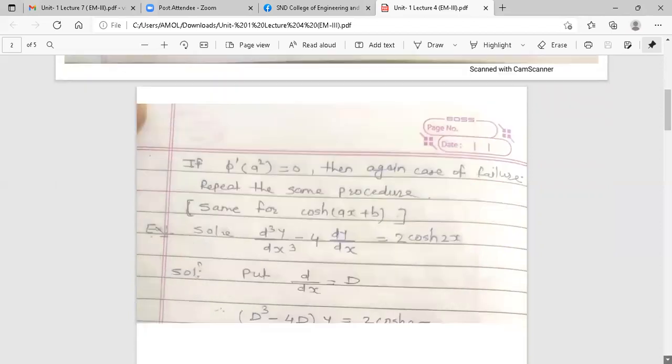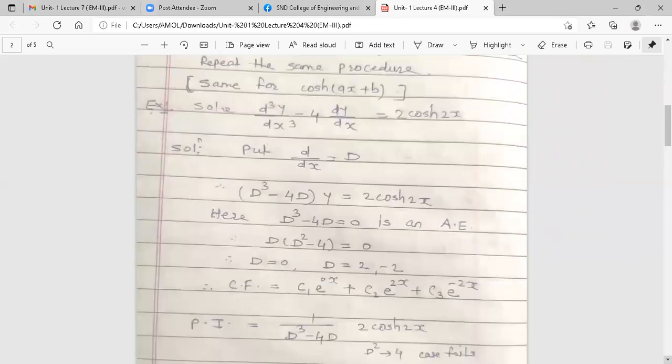Now the example here: solve d cube y by dx cube minus 4 dy by dx is equal to 2 cos 2x. First you reduce the differential equation. To reduce it, you use the substitution: put d by dx equal to D, and so d square by dx square is D square, d cube by dx cube is D cube.